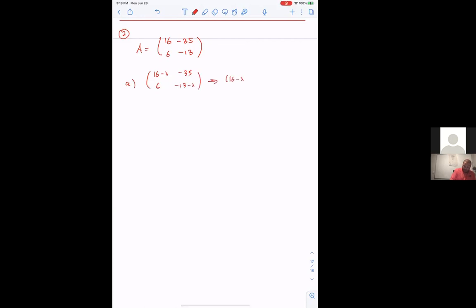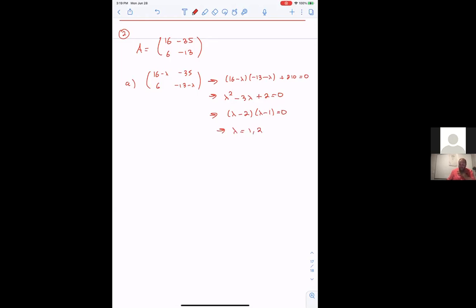We get 16 minus lambda times -13 minus lambda, minus -35 times 6, which is -210, is equal to 0. So lambda squared minus 3 lambda, and then -13 times 16 plus 210 gives me plus 2, is equal to 0. Oh, look at those small numbers. So I get lambda minus 2, lambda minus 1 is equal to 0. So lambda is equal to 1 and 2.